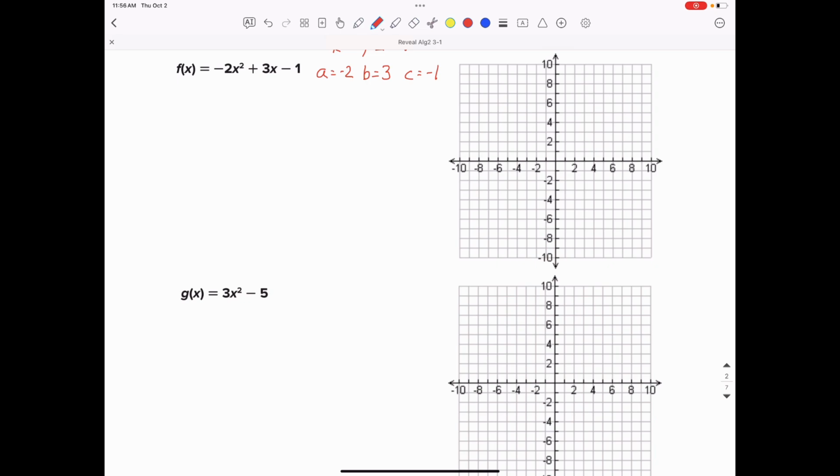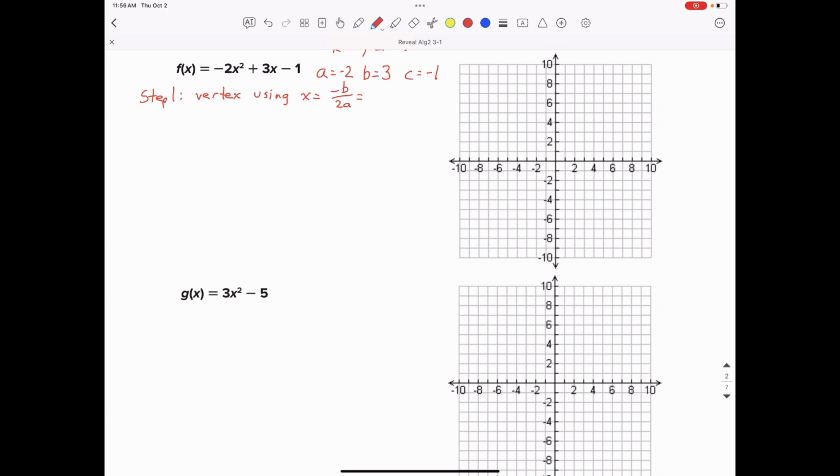So step 1 is find the vertex. And the vertex formula is x equals negative b over 2a.